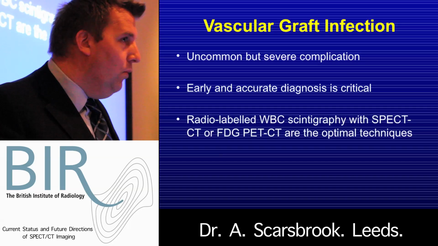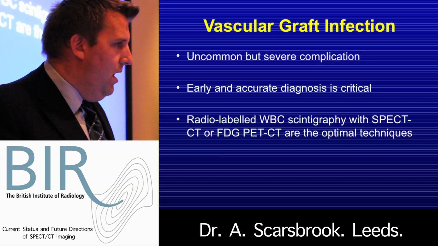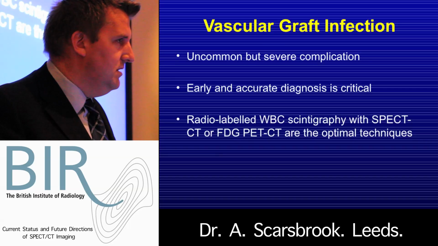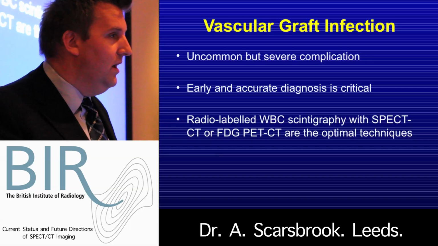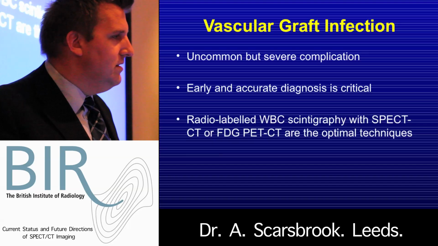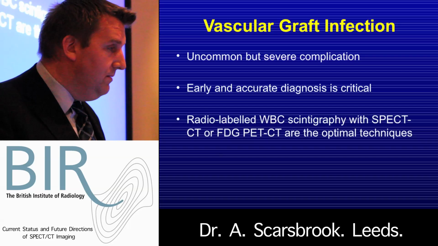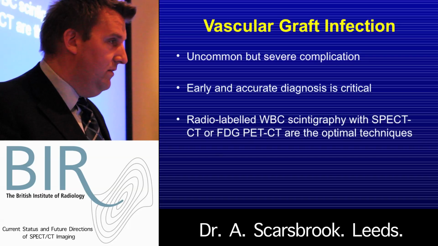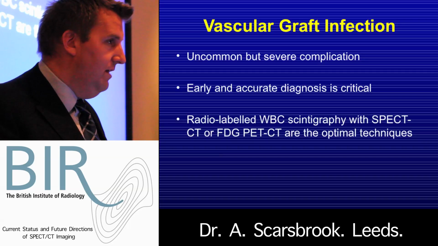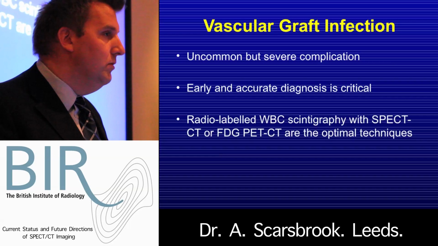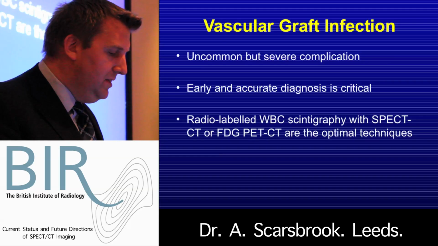And white cell scintigraphy has been used to assess this. It, as we heard from John Buscombe earlier, is being heavily threatened by the use of PET-CT, possibly as the superior technique, but there is a reasonable body of evidence for using white cell scintigraphy, and it very much depends on your local departmental capabilities.